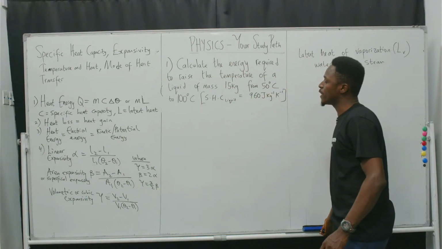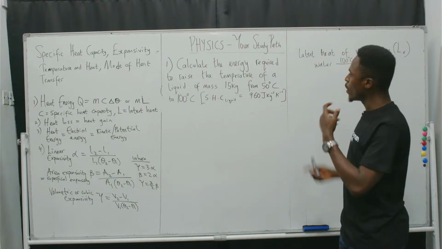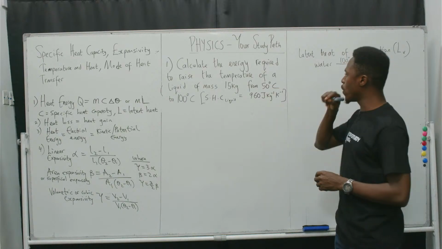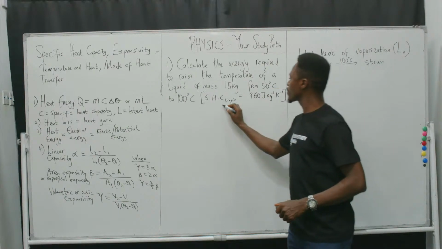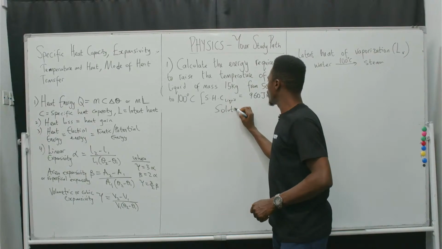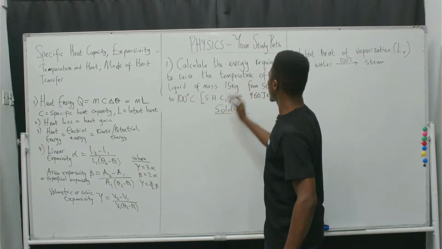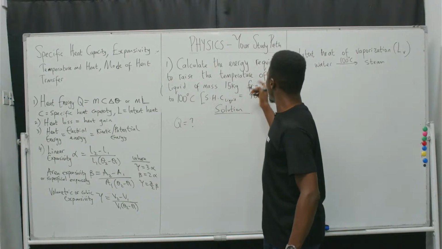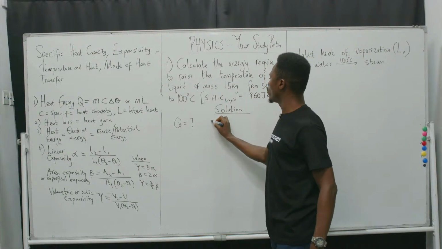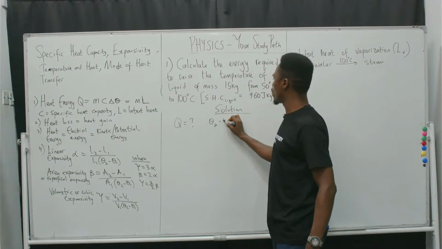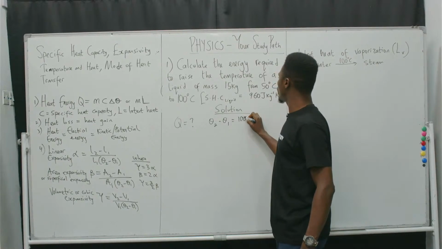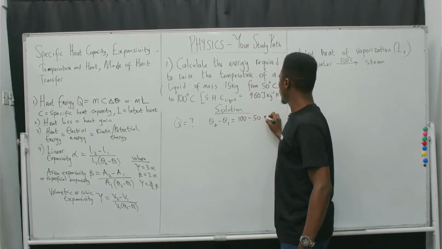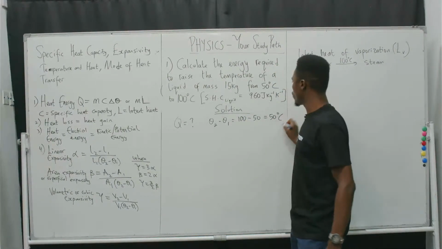So how do we go about this? We focus on the parameters given. We have identified that the energy is what we're asked to find, Q. The rising temperature, which is theta 2 minus theta 1, would be 100 minus 50, which gives rise to 50 degrees Celsius.